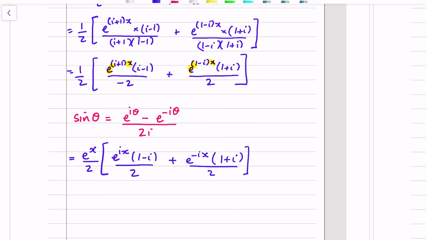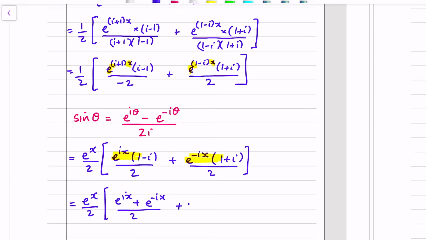Okay, and then the first term of that one is e to the ix, and there's e to the minus ix there. So I've got e to the x over 2, times e to the ix plus e to the minus ix, all over 2. And then the stuff that I haven't dealt with yet, I've got a common factor of i.